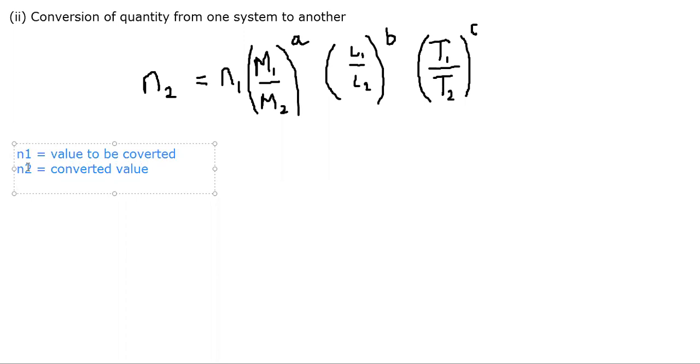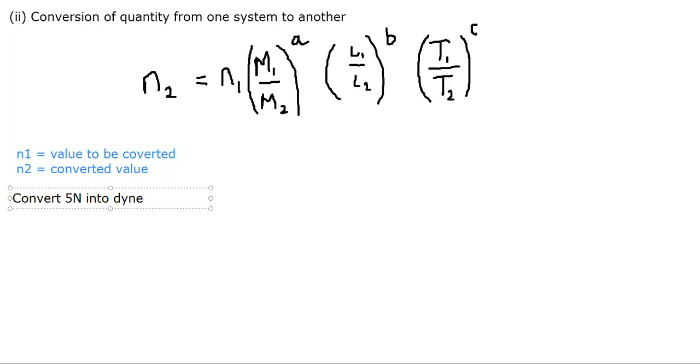Now what do M1, L1, T1 and M2, L2, T2 mean? This we can understand with the help of an example question. Let us take, I want to convert 5 Newton into dyne. Now, if you remember, dyne is the CGS unit of force.